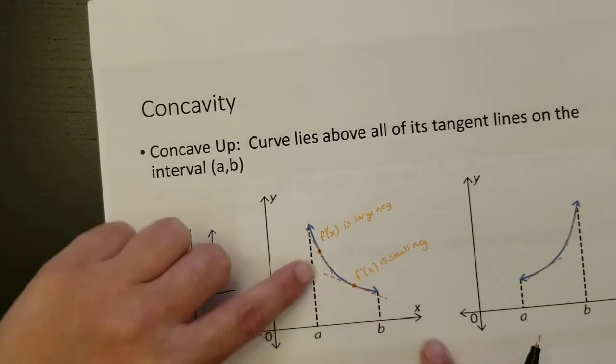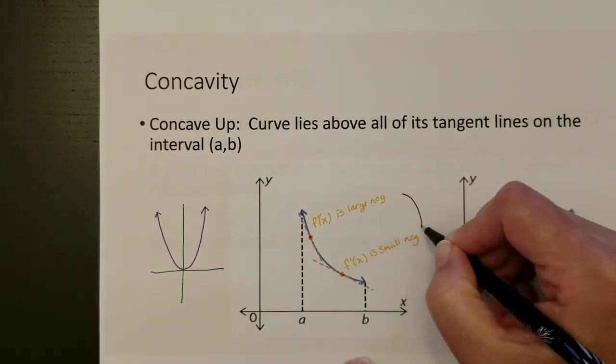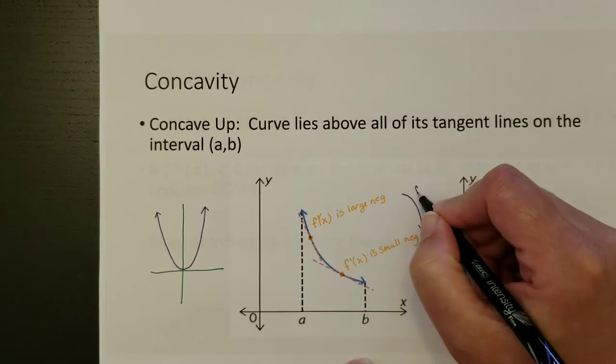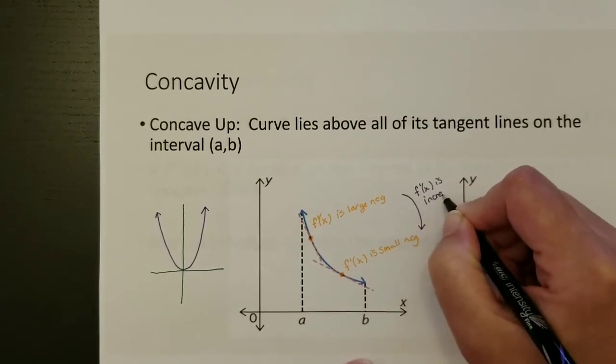So it went from a larger negative slope to a smaller negative slope. And this means that f prime at x is increasing.